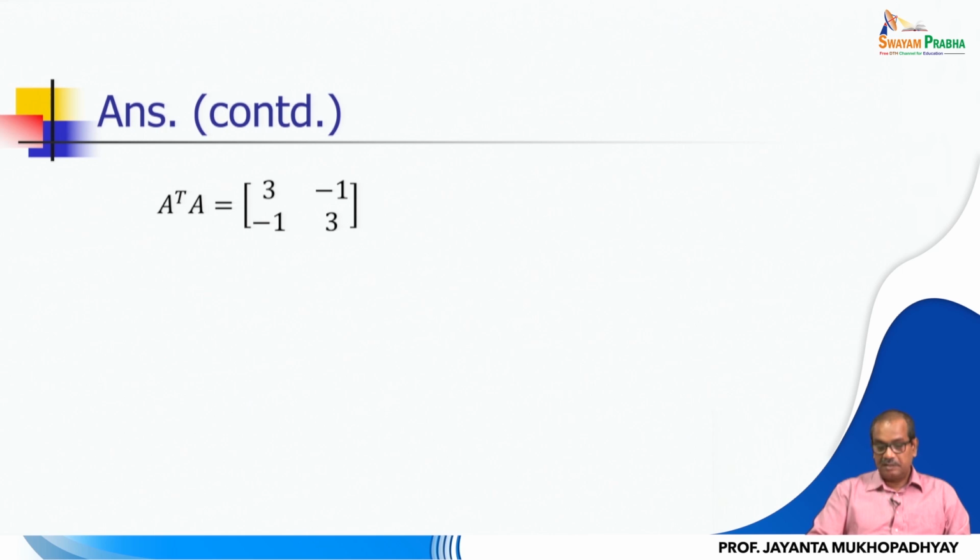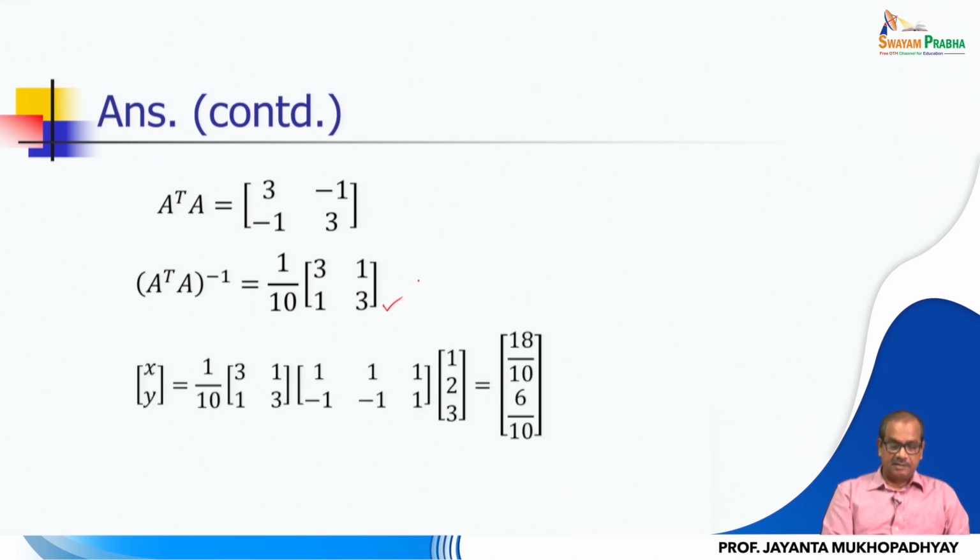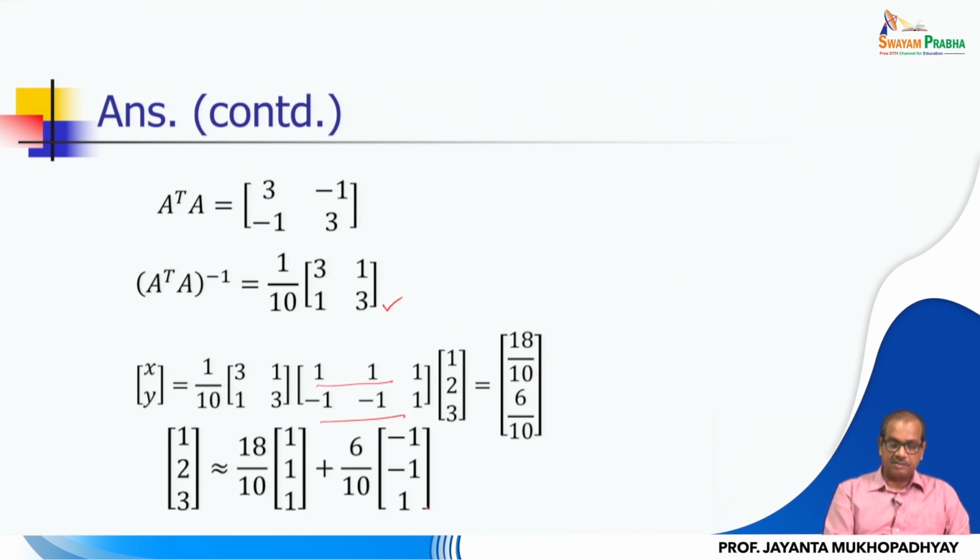That is the solution. To perform the operations, you first compute A transpose A, and then the inverse of A transpose A is 1 by 10. The solution is that X, Y, these are the coefficients, 18 by 10 into 6, 10, and since these are the vectors, finally this is your solution.